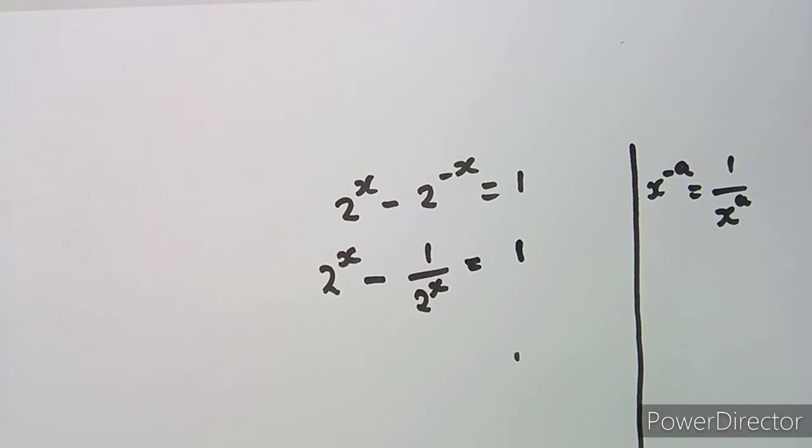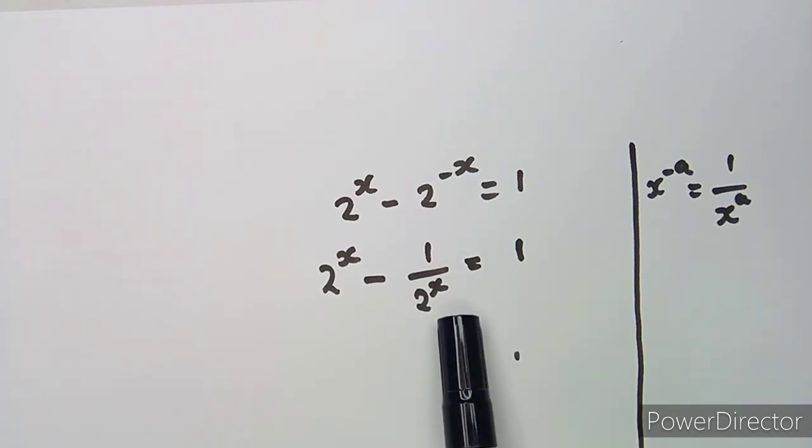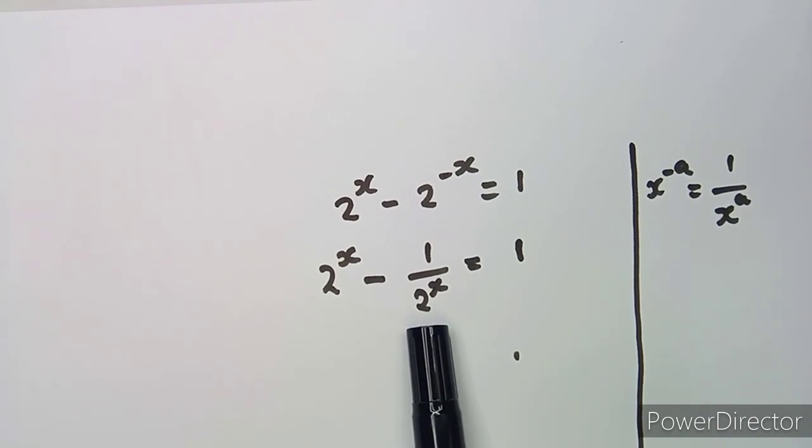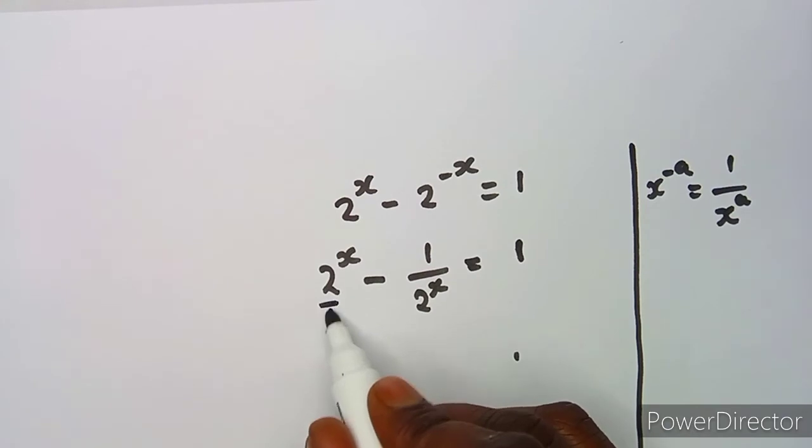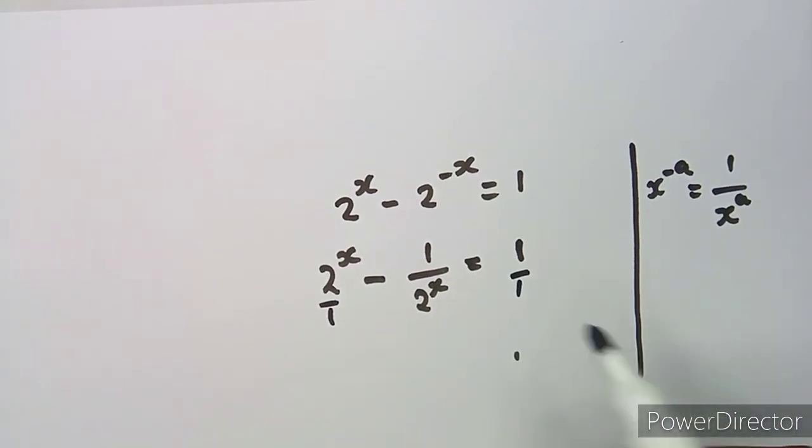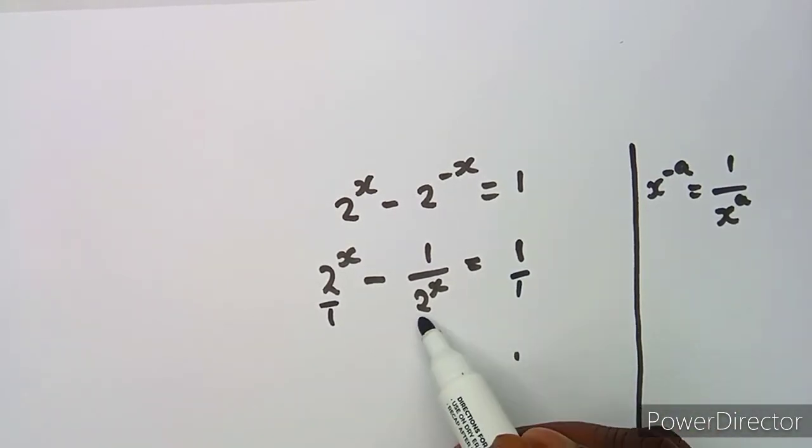The moment you have removed the negative by introduction of laws, this is now a fraction, guys. So how do you remove this fraction? Okay, you know that this is like over 1, this is like over 1, and this is your LCM, which is 2 to the exponent of x.